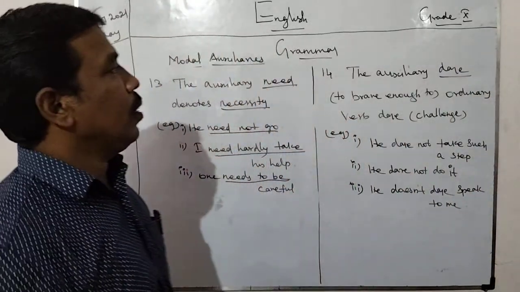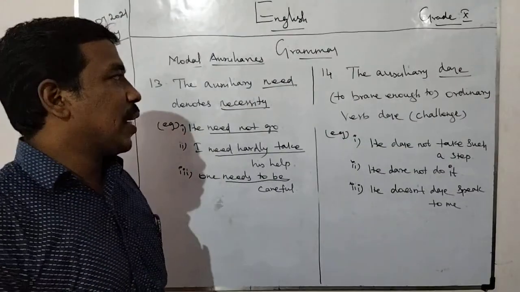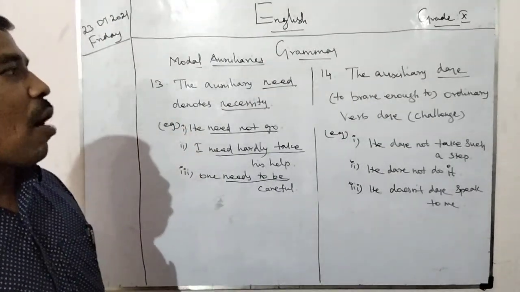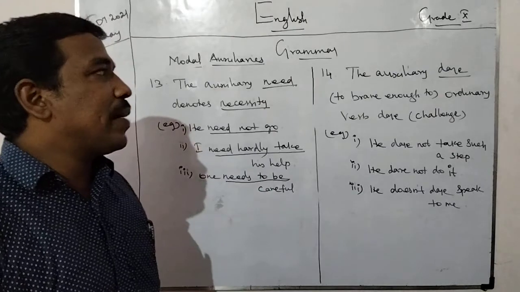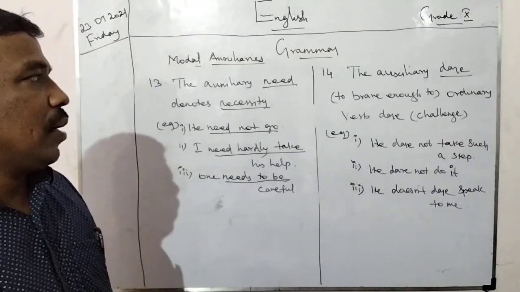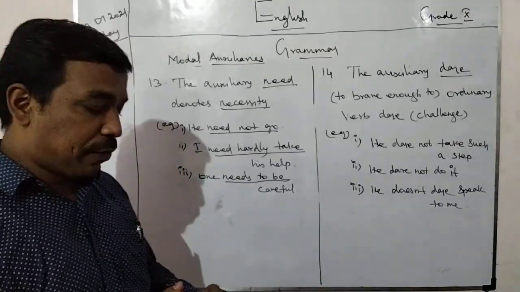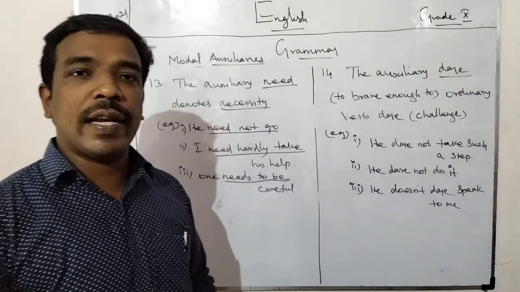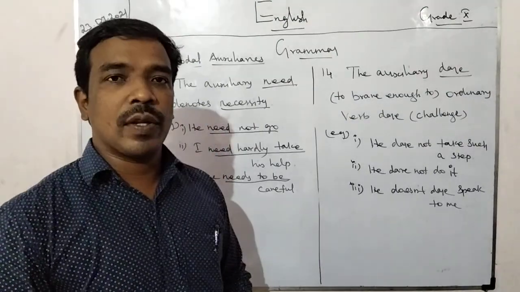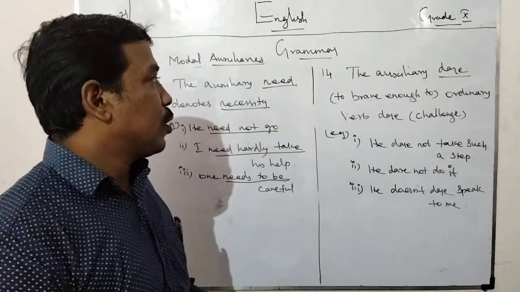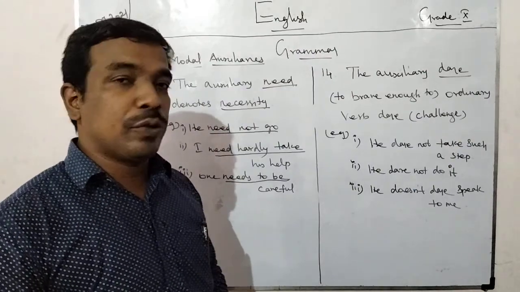So listen carefully, students, this one is very important. The auxiliary or helping verb dare, D-A-R-E, means to be brave enough to, the opposite of coward. You have the bravery to do that work.